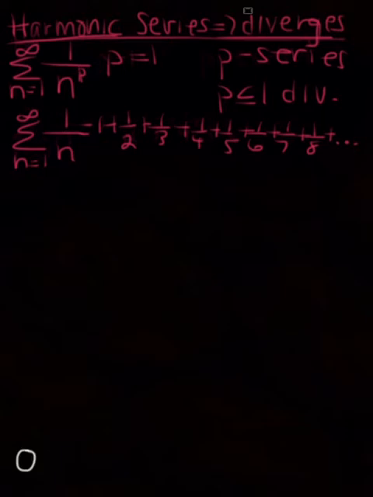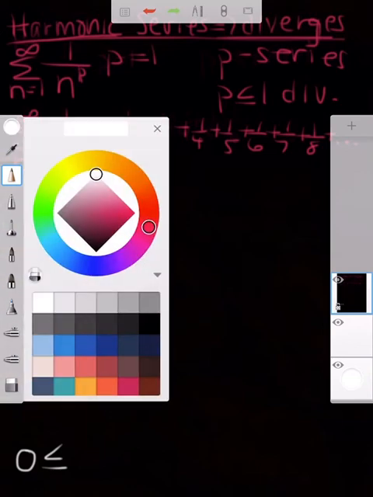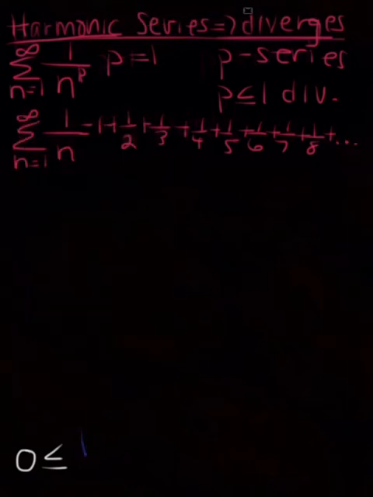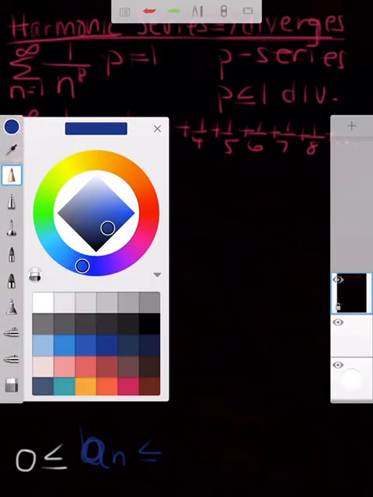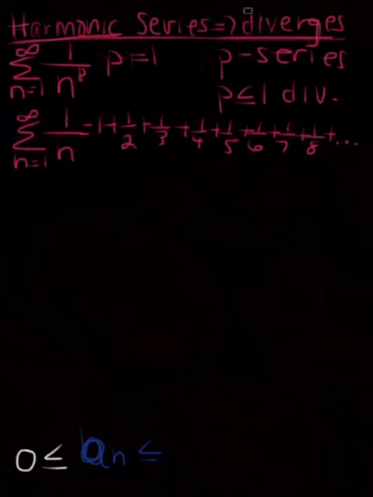For the direct comparison test, 0 is less than or equal to some series b sub n, or some series a sub n, sorry, which is less than or equal to some series b sub n, which in this case is the harmonic series.